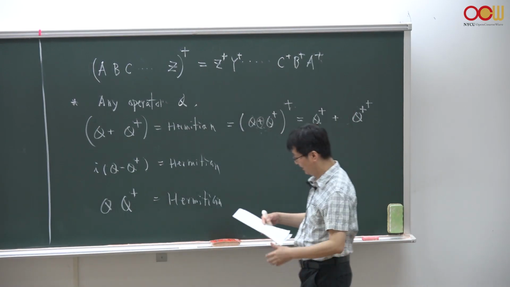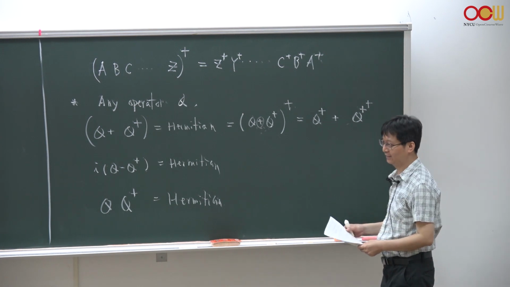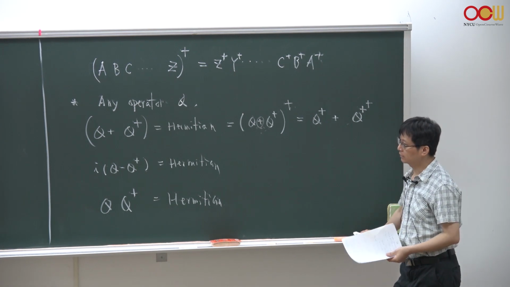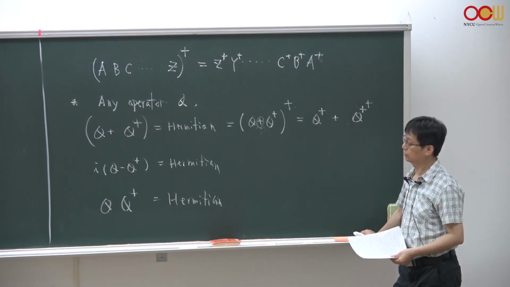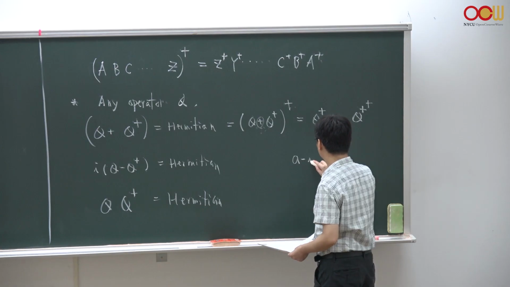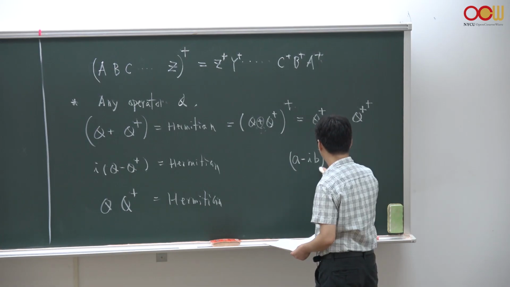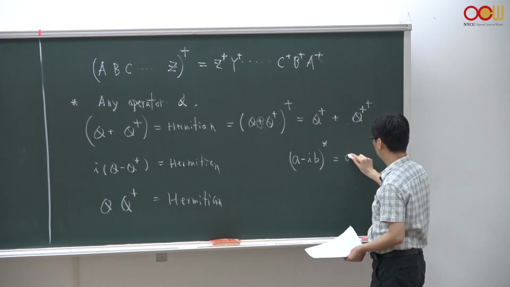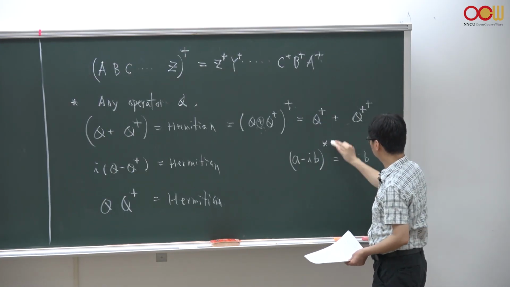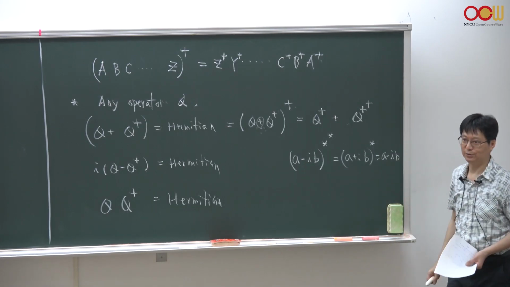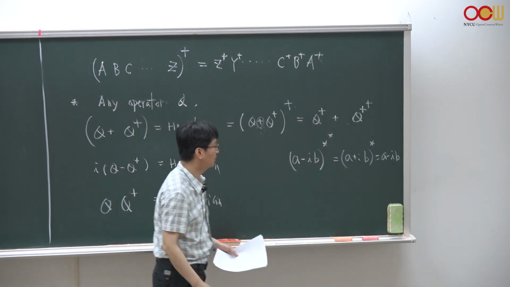So what is Q dagger dagger? It's like a double negative. It's actually positive, right? If you take the double Hermitian operation, you go back to the same operator because, again, use your knowledge of complex numbers. If you put the star on A minus iB, you get A plus iB. But if you put another star, it goes back to the original complex number.